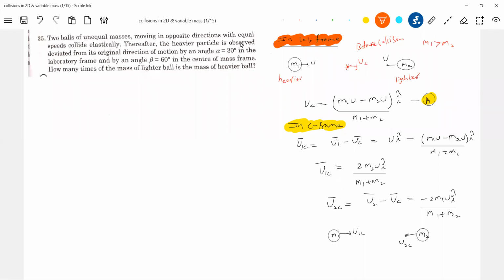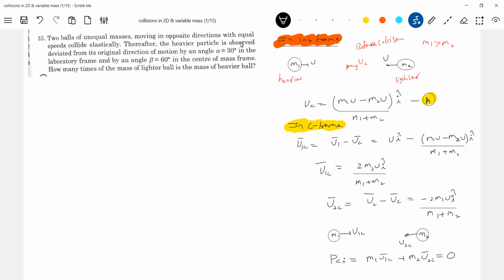So m1 u1c bar plus m2 u2c bar, how much should it be? It must be 0. Check it once. Substitute here: 2 m1 m2 u i cap over m1 plus m2 minus 2 m1 m2 u i cap over m1 plus m2, so it will be 0. So momentum with respect to the center of mass will always be 0.